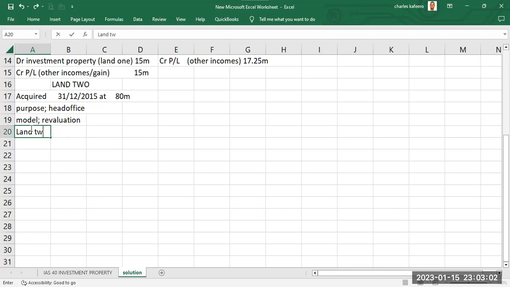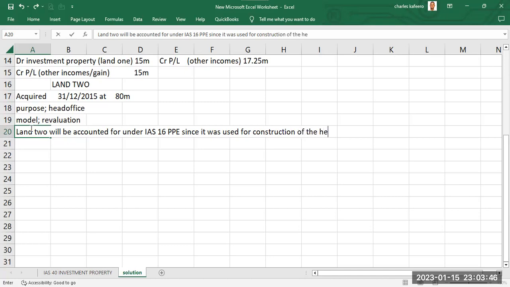We see you're saying land 2 will be accounted for under IAS 16 PPE, since it was used for construction of the head office building.